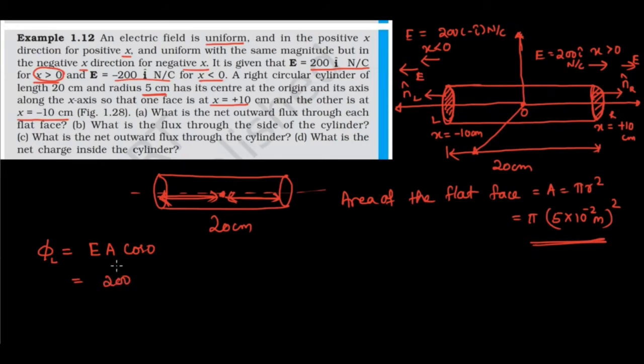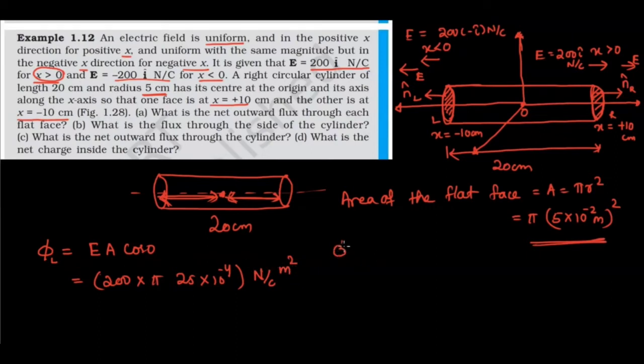Just write the magnitude of the electric field, and then area is pi into 25 into 10 to the power minus 4. Is that clear? So this is the expression or value of phi L. And what is the unit of electric flux? The unit is Newton per coulomb into meter square. So this is the value of phi L.